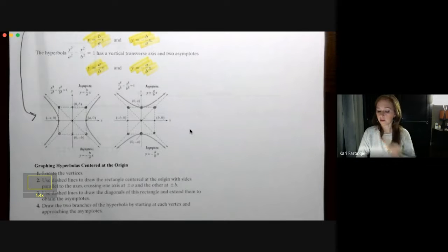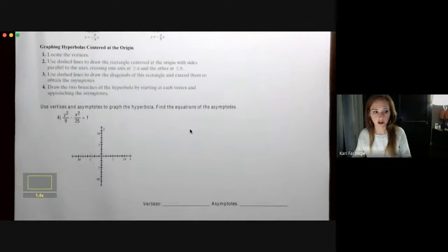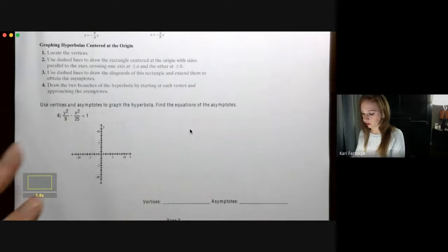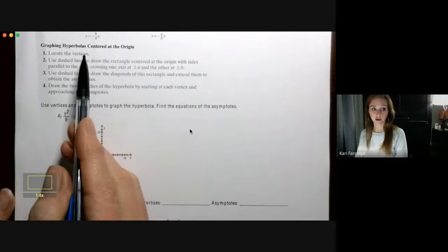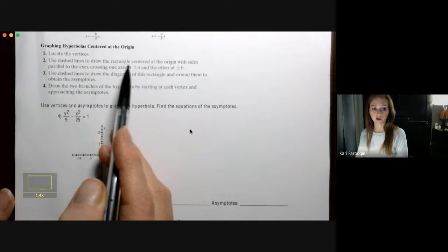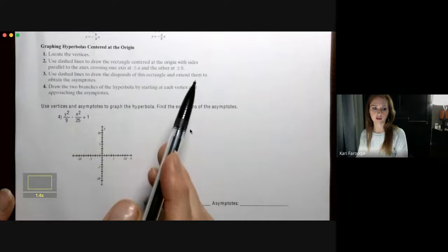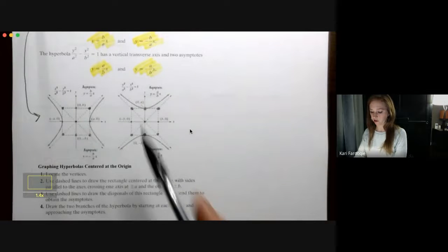Okay. Let's move on then to actually working on these graphs ourselves. I have some instructions here that are from your book. To graph a hyperbola centered at the origin, locate the vertices. Use dashed lines to draw the rectangle centered at the origin with sides parallel to the axes, crossing one axis at plus or minus A and the other at plus or minus B. That's the box we just talked about up here.